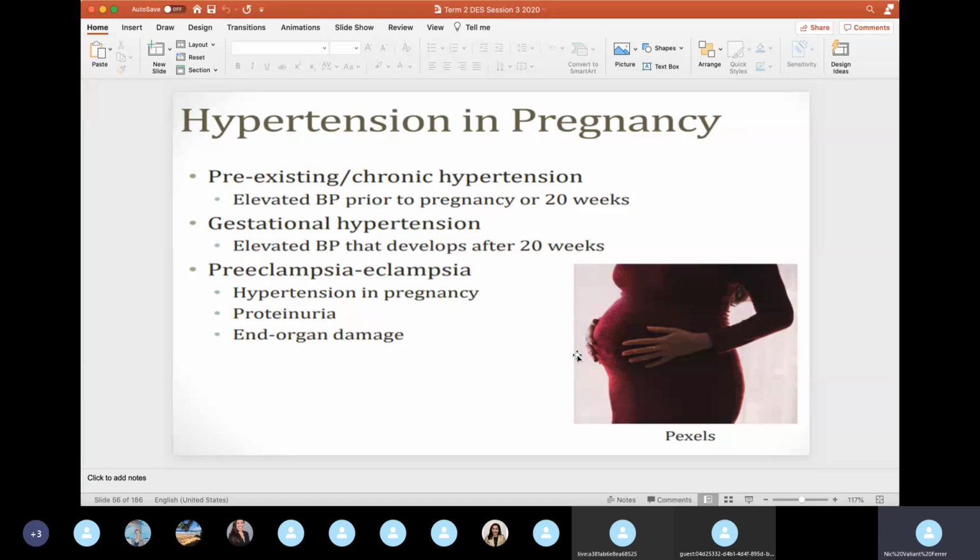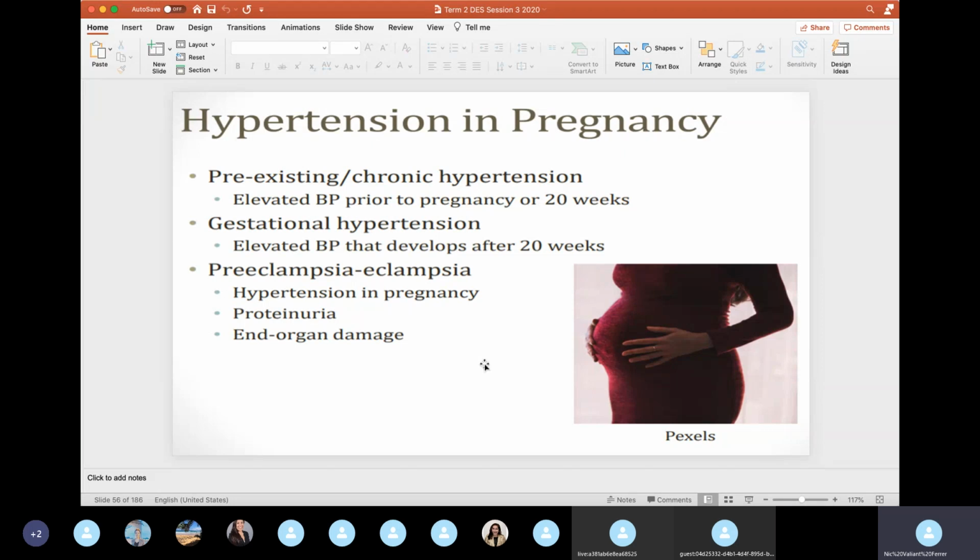Now, question: what's the difference between preeclampsia and eclampsia in terms of the presentation of the patient? Eclampsia is more severe, right? But what gives it away in the vignette? Because you can have hypertension, you can have proteinuria. What gives it away?